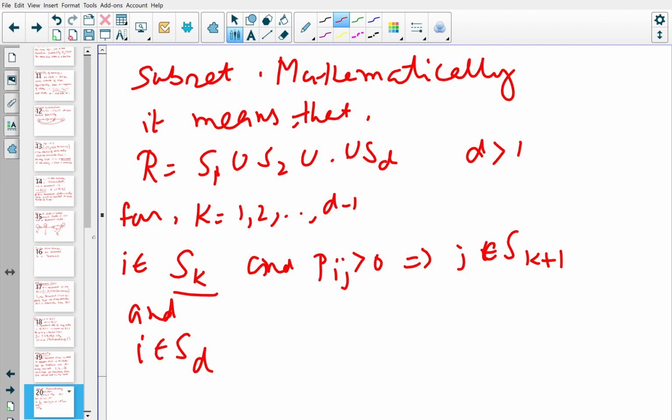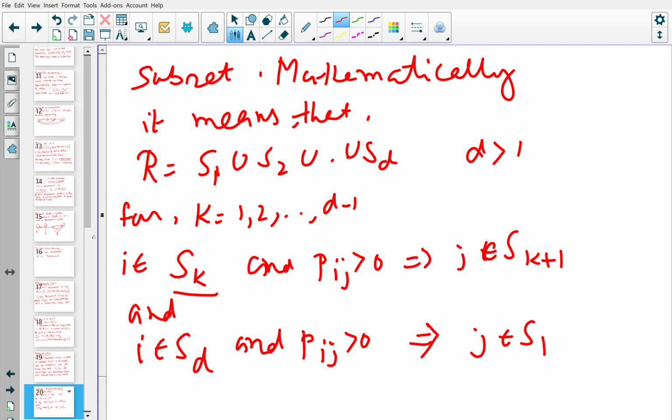And for K equal to D, if I belongs to SD and the probability Pij is positive, this implies that J will be inside S1.